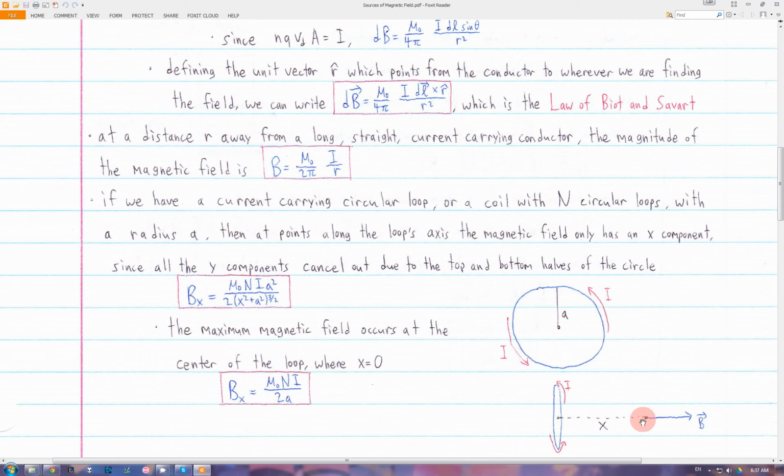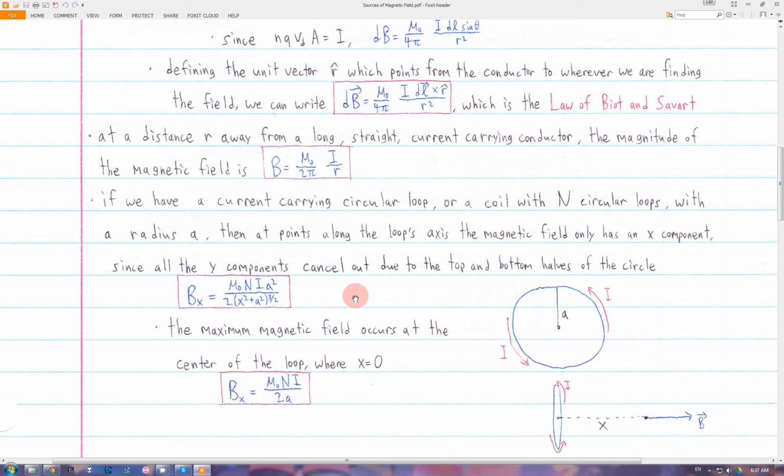So at any point on this line through the circular loop center, the magnetic field only has an x component, as you can see here. And that's because the y components are going to cancel out, because for the top half of the circle and the bottom half of the circle, the vertical components of magnetic field cancel out, and they only have the x components left.